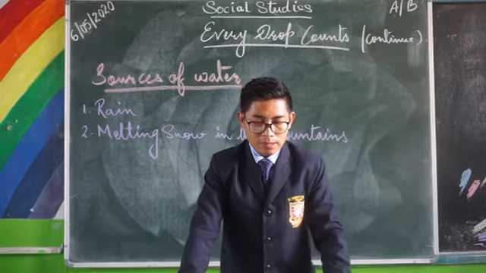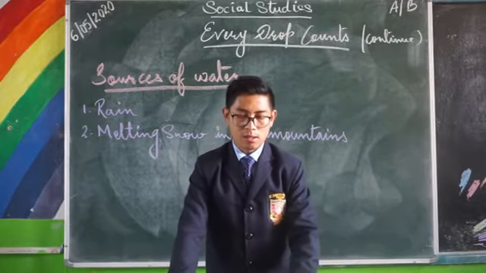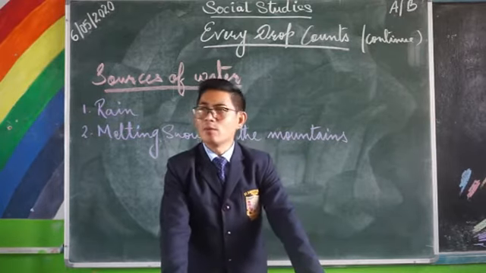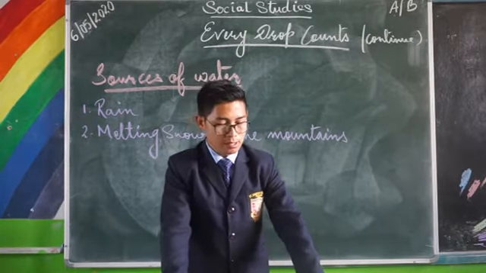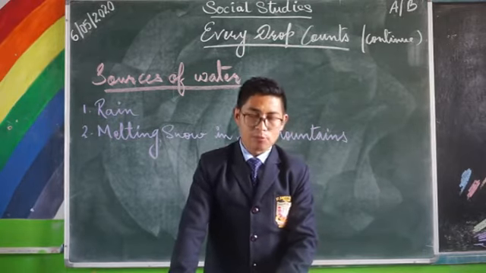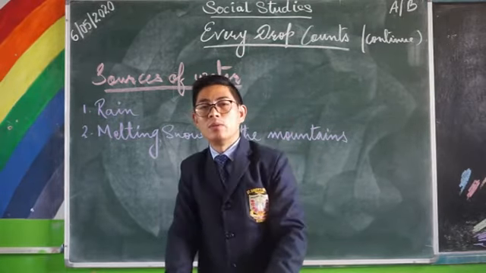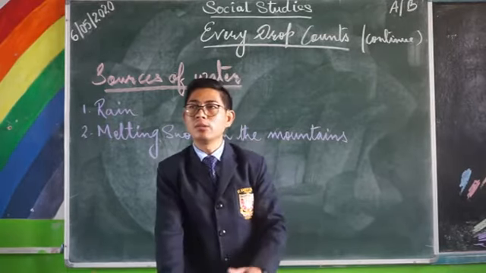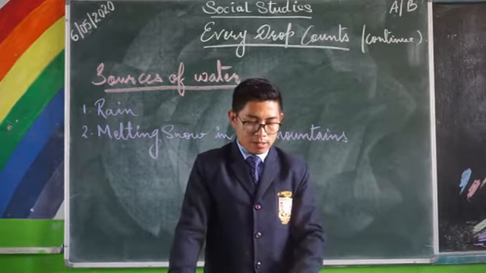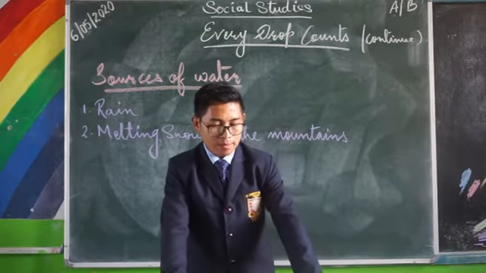We all know that our earth is covered with large water bodies, like oceans and seas. But the problem is we can't use this water for our daily purpose, for example, cooking, drinking, taking baths. It's not possible. Why?